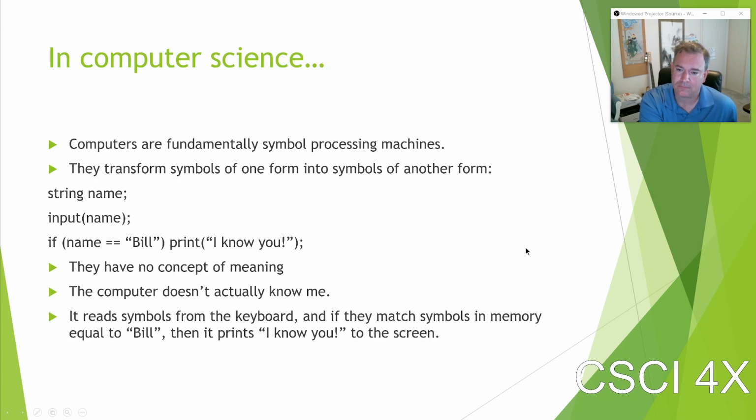Okay? So in computer science, computers are fundamentally symbol processing machines. They're given a list of symbols, A, B, B, A, C, D, Q, whatever. They process the symbols one at a time, do something with the symbol, and then process another one and do something with that.